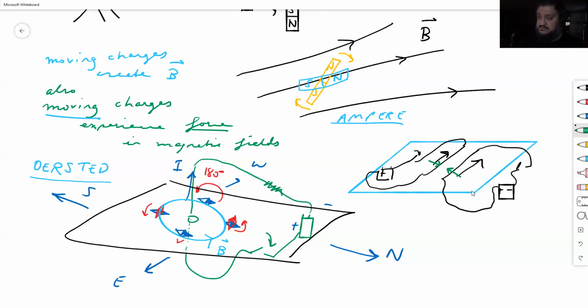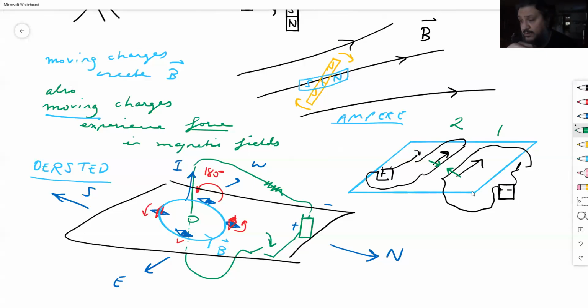You know, this is current 1 here on the right and current 2. So current 2 is interacting with the magnetic field current 1 generates. That's one point of view. Or current 1 is interacting with the magnetic field current 2 generates.